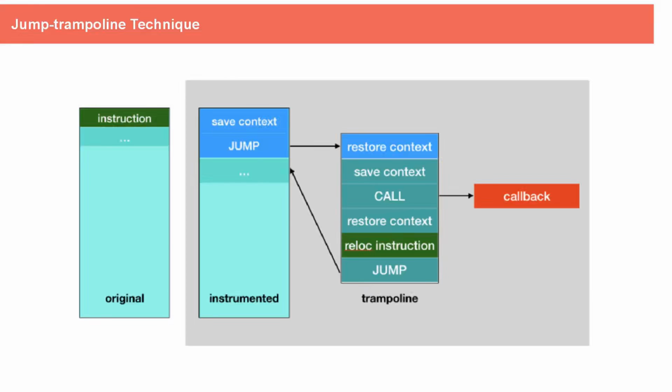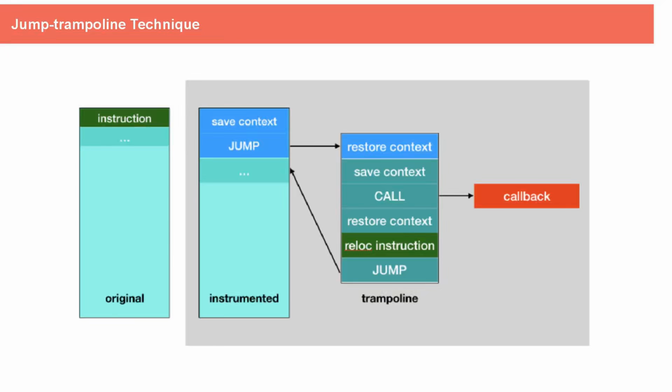Now we want to instrument here. So what we do is that we allocate our trampoline buffer, and we override this code with some code. First, we save the context because a jump can change the context in some CPUs. And then you write one jump instruction here. And at runtime, we jump to our trampoline buffer.